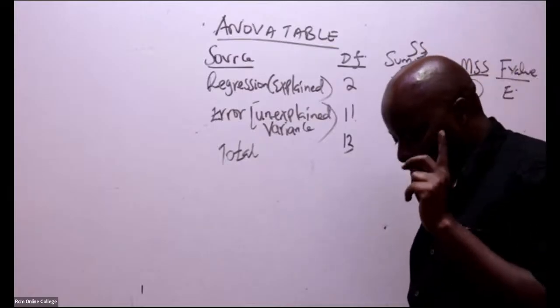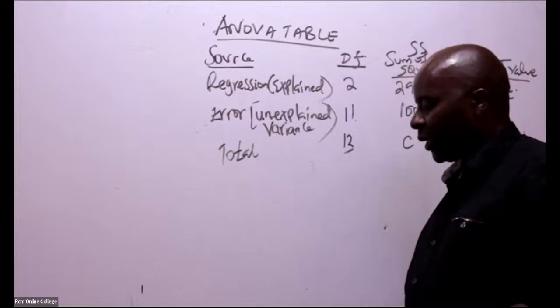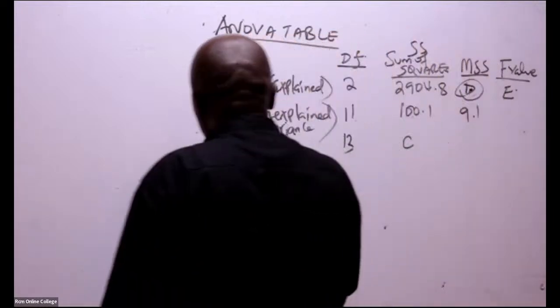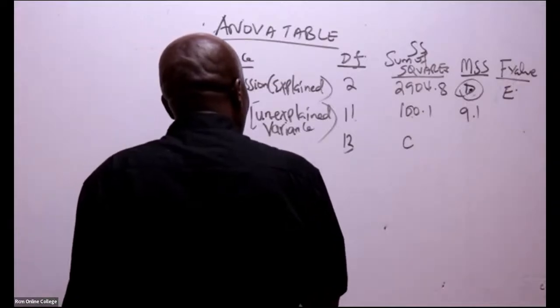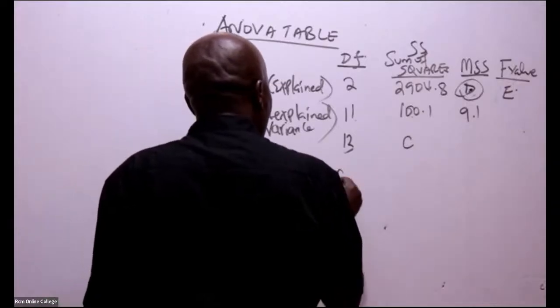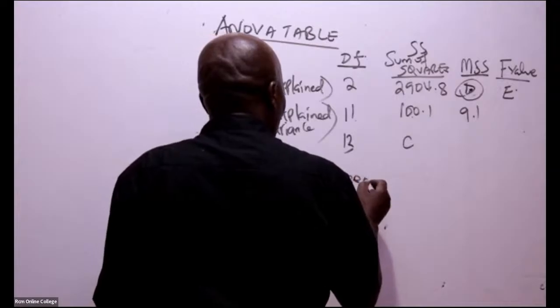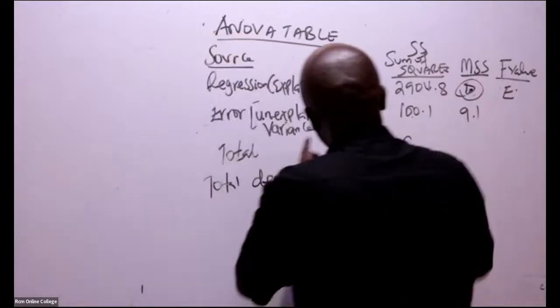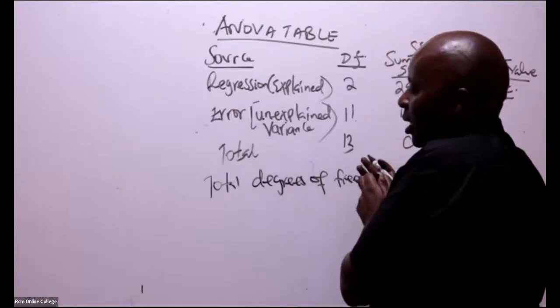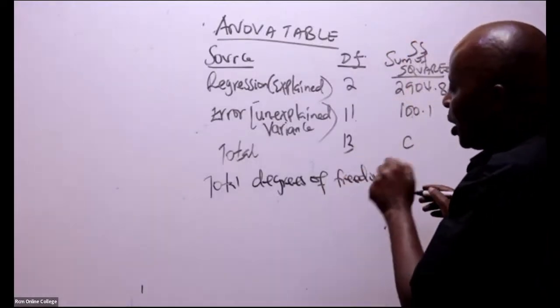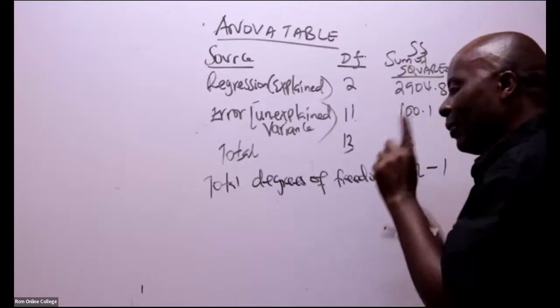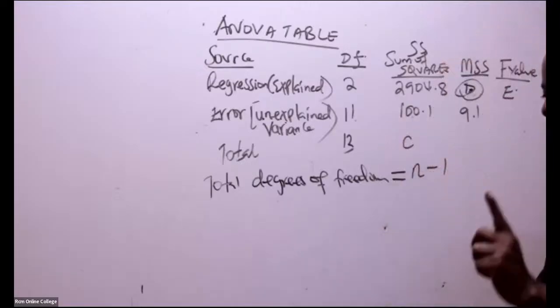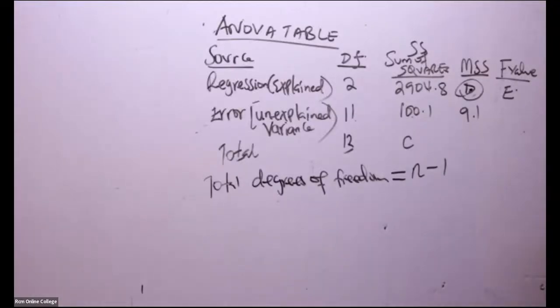We have total degrees of freedom, which is 13 here. How do we get total degrees of freedom? You'd always take n minus 1.